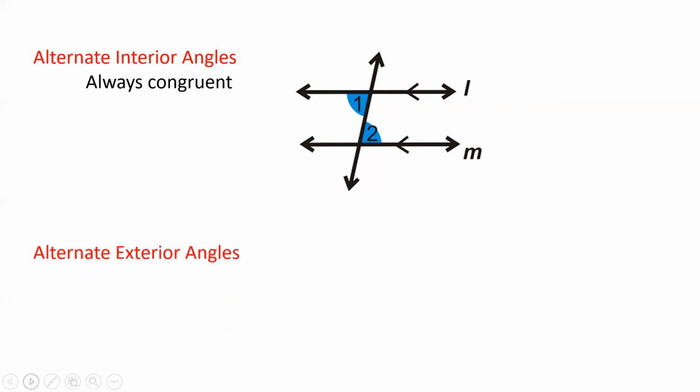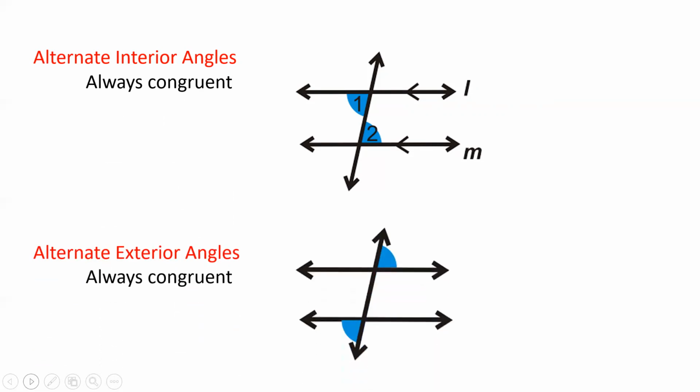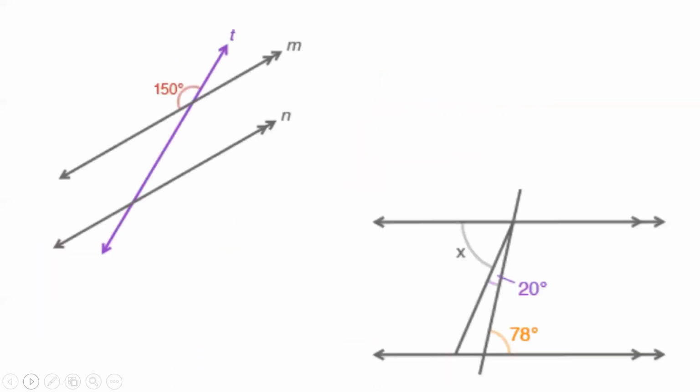Alternate exterior angles are also always congruent, and they are on opposite sides of the transversal and outside the parallel lines. So let's look at these two examples. First of all, you identify your two parallel lines. Our two parallel lines are M and N. Our transversal is letter T, and then we can find all the other relationships.